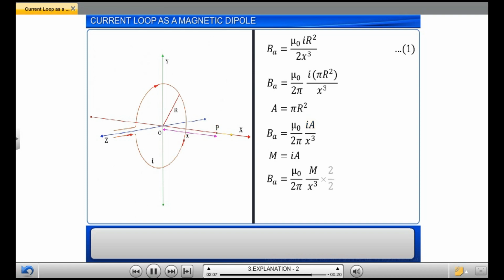By multiplying with 2 in the numerator and the denominator, we can write the magnetic induction at a point P on the axis of the circular loop as BA is equal to mu naught by 4 pi into 2M by x cube. Let this be equation 2.